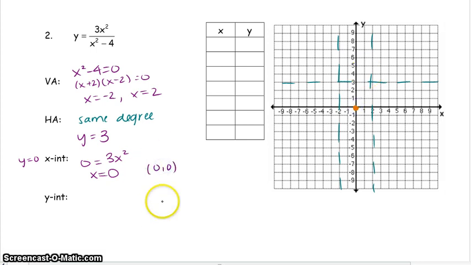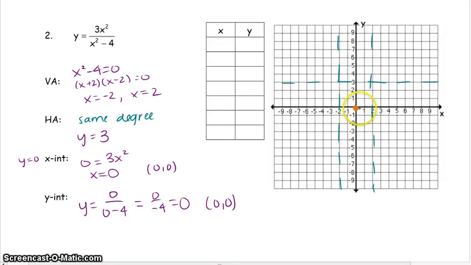To find our y-intercept, all we do is set x equal to 0. So y equals 0 over 0 minus 4, which gives us 0 over -4, which is 0. So that gives us a point of 0, 0. Oh, and we already plotted it there. So we're good to go. This is all the information that we know so far.